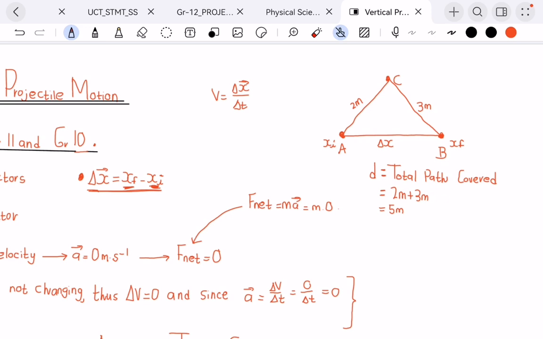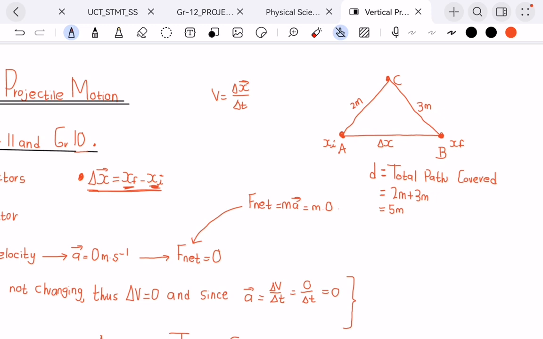Distance is all about how much, we sum up all the parts that you covered. Like in this case, you went from A to C, and then you went from C to B. So that is our distance, but our displacement only cares about the initial and final position, which is from A to B, where you started at A and where you ended at B. So that is what displacement cares about. And the other thing about displacement is that displacement is a vector, meaning that it has a direction.